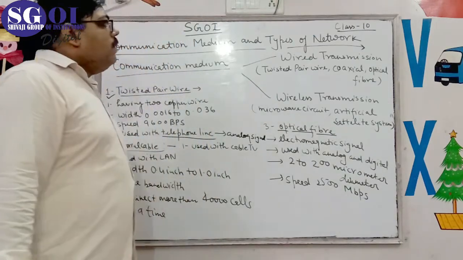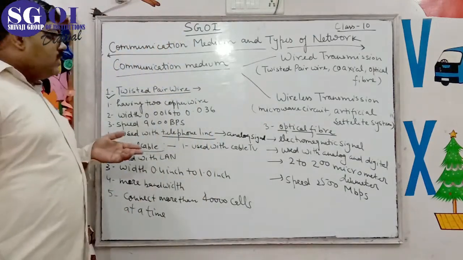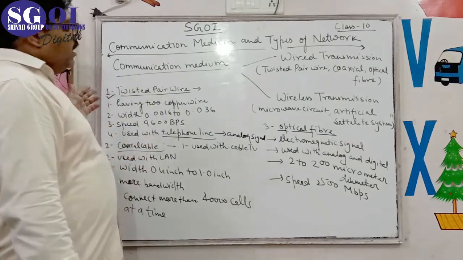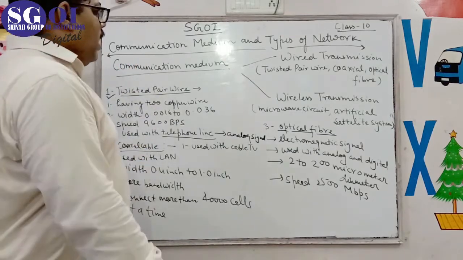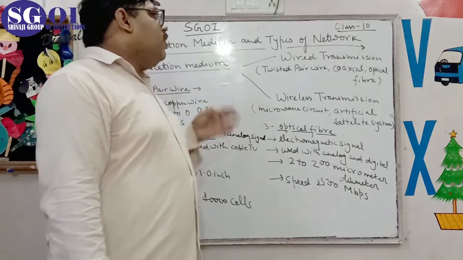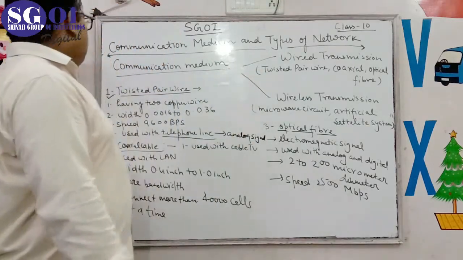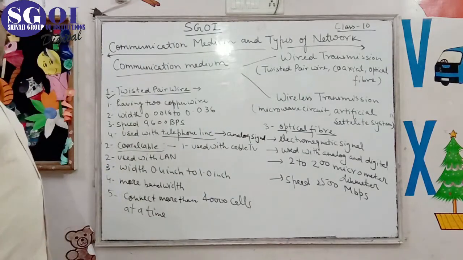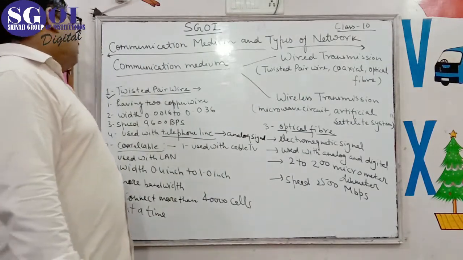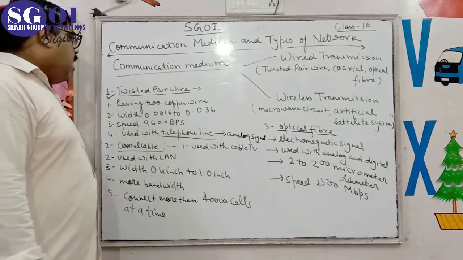So that is all about this class. Today we have learned about wired transmission, and in wired transmission we have learned about twisted pair wire, coaxial cable and optical fiber. In twisted pair wire there are two wires twisted together to form a twisted pair.